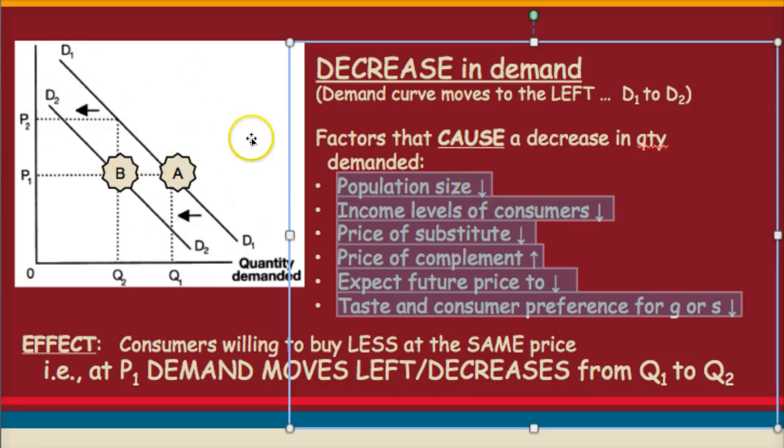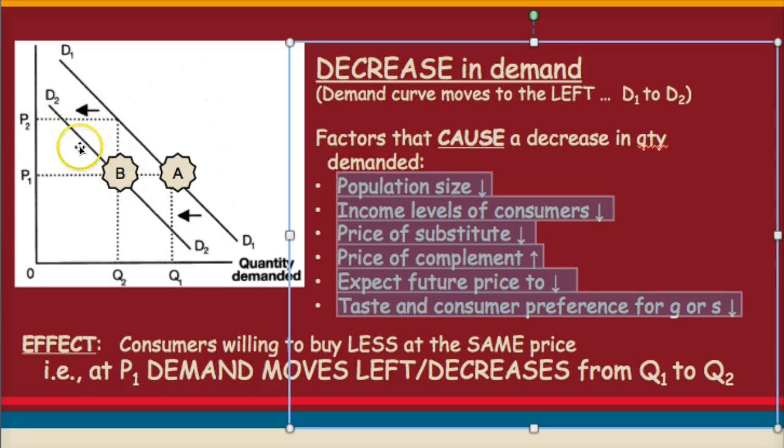Population size has decreased, less demand. Income level of consumers has decreased, less demand. The price of the substitute has come down, so demand has moved toward the substitute, reducing the demand for this product. The price of the complement has gone up, which has moved demand for this product down.